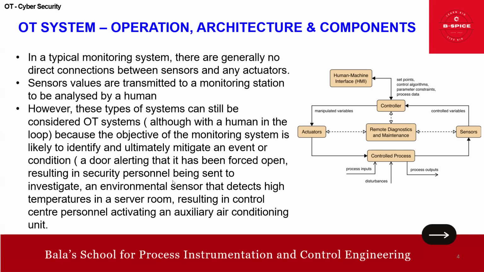However, this type of system is still considered an OT system, although with a human in the loop, because the objective of a monitoring system is to identify and ultimately mitigate an event or condition. So that is the point. What I meant here is, even though some loops are open loops, they are also part of the OT system.